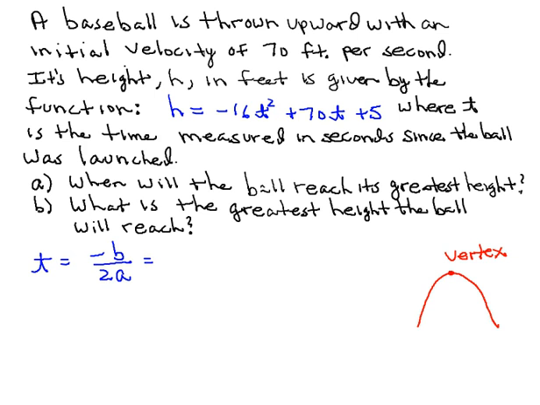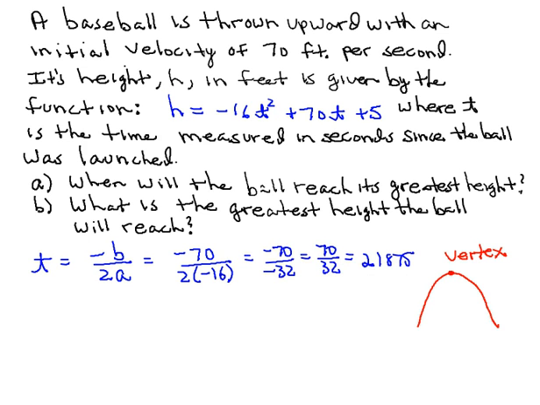So our b value is 70, so we have the negative 70 all over 2 times our a value of negative 16. That will become the negative 70 over negative 32, 70 over 32, and then it's a decimal that will simplify to 2.1875.